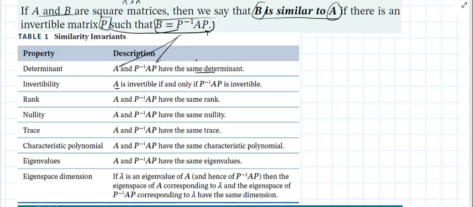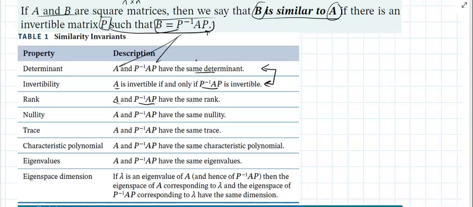If A is invertible, then P inverse A P is invertible. And the nullity and the trace, all of these properties you can get out of that. We want to use just the first couple in this section, and we're going to come back to similar and go about it a different way.